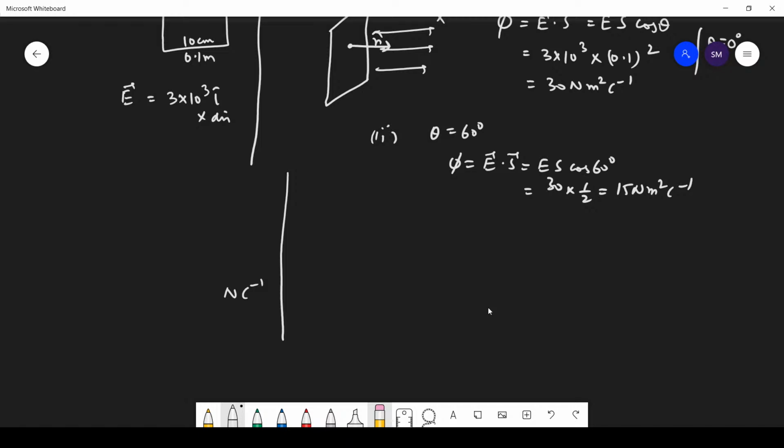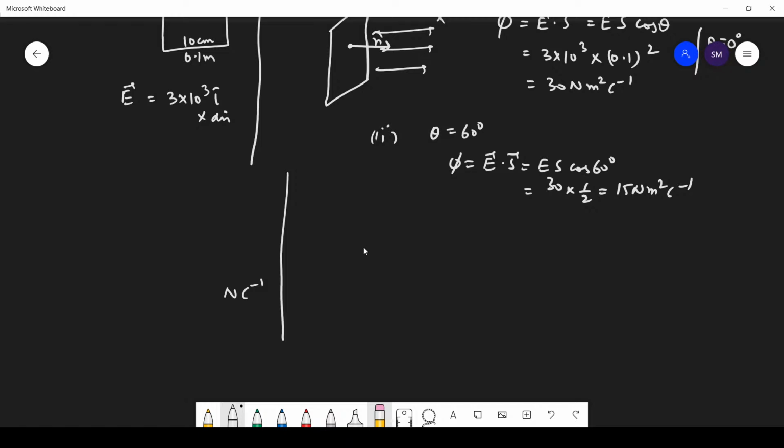So what is the net flux? So now we have a cube. The flux entering one face parallel to YZ is equal to the flux leaving the other face parallel to the YZ plane, and flux through other faces is 0.